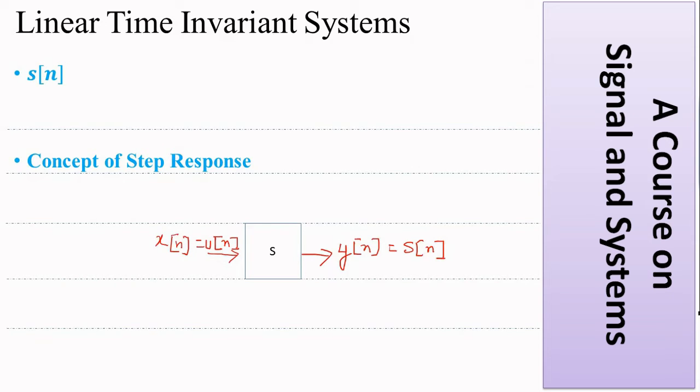So the basic definition yields, if at the input I apply the unit step signal, I measure the output, which is represented by s of n, and s of n is basically the step response of the system, which is used for characterizing the LTI system properties. This is as for discrete time systems.